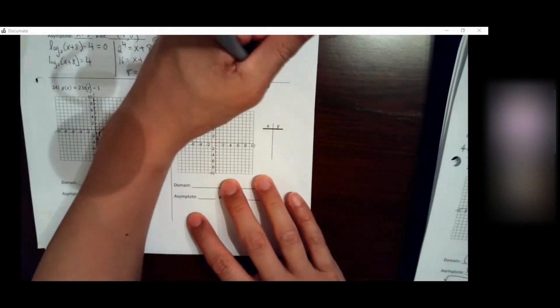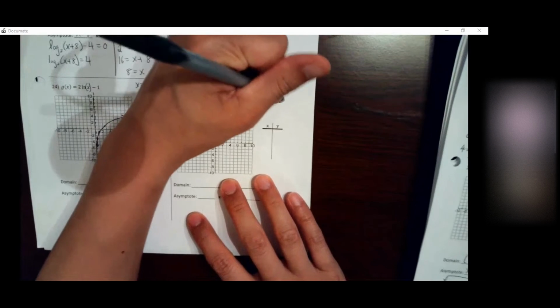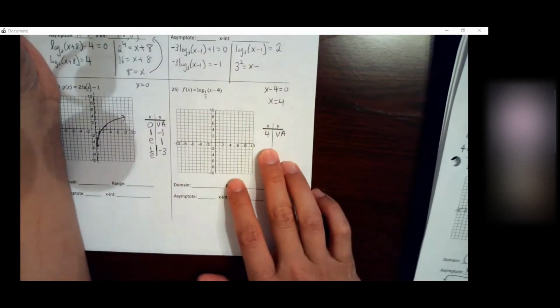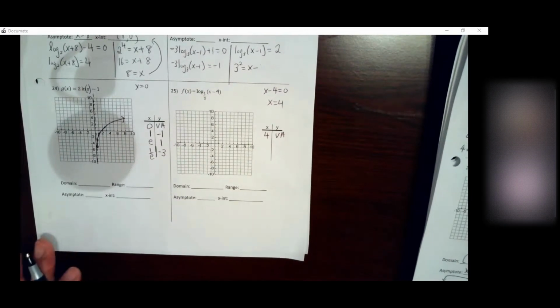Okay. So for inside the parentheses to equal 1, x is going to equal 5, and y will equal 0.